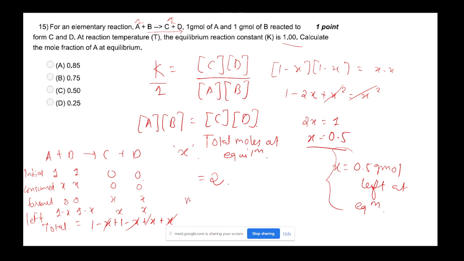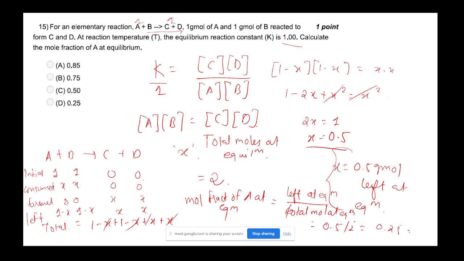If you want to find out the mole fraction of A at equilibrium, it is moles of A that is left at equilibrium divided by total moles at equilibrium, which is 0.5 by 2, which is 0.25. So the correct answer is 0.25.